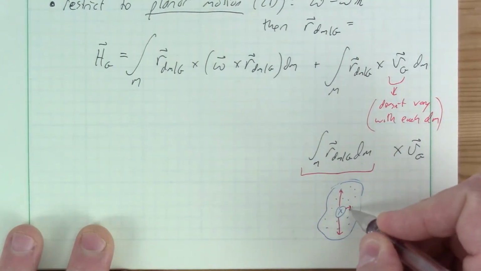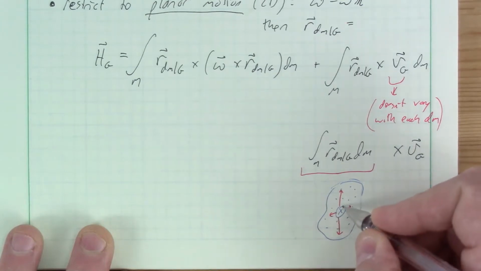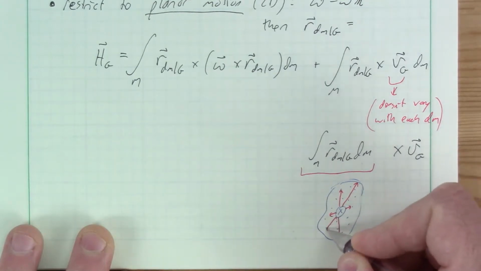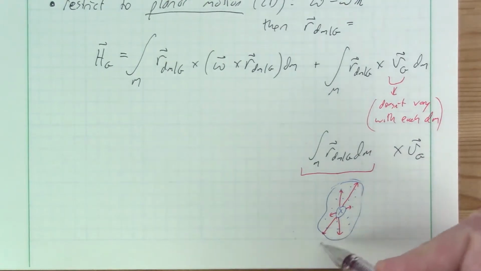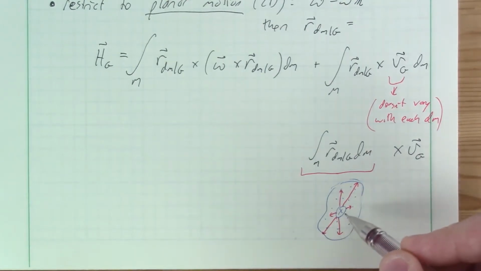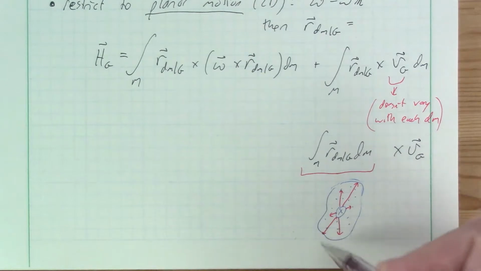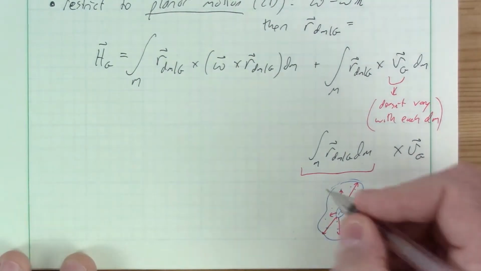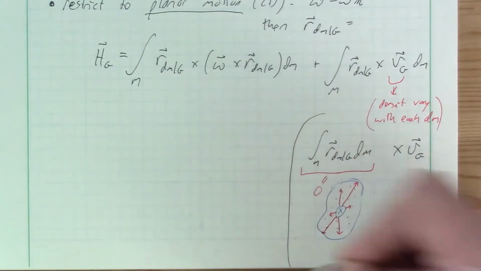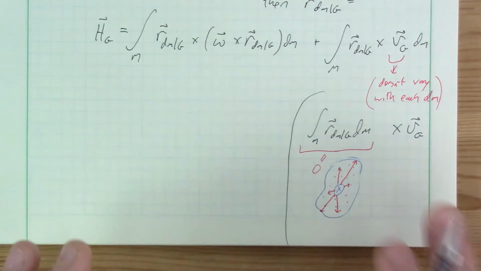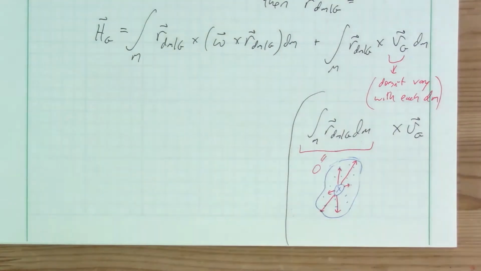And you have this little one over there, canceled by that little one over there, and maybe a big one going on the outside and a big one going on the outside. Maybe there is an element out here that doesn't have a perfect partner, but because of the definition of center of mass, there will be canceling ones as you add them all up. So this term equals 0. Again, hand wavy, but we can go through the math, and I think it's really nice to see it in the visual look of it.